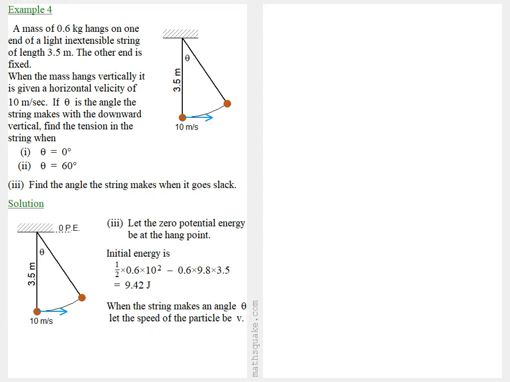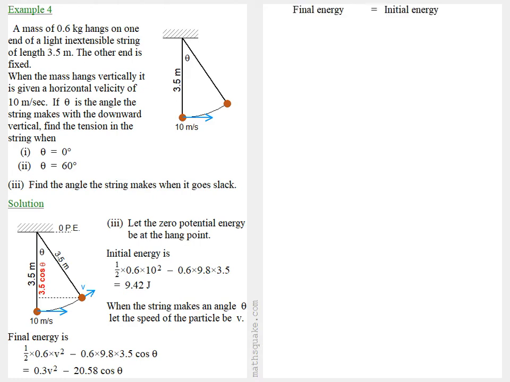Now when the string makes an angle theta, let the speed of the particle be v. Now its height will be 3.5 cosine theta below the hang point. So the final energy is a half times 0.6 v squared minus 0.6 times 9.8 times 3.5 cos theta, which is 0.3 v squared minus 20.58 cos theta.